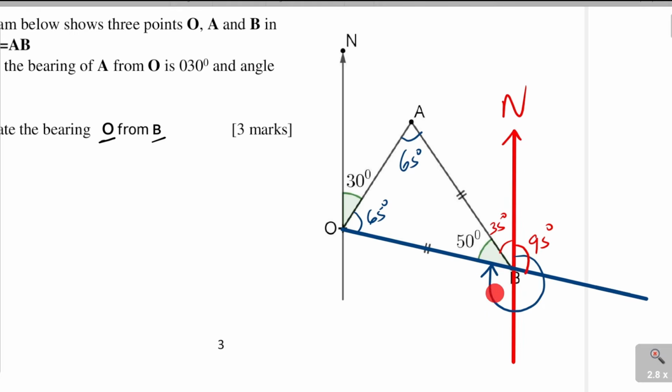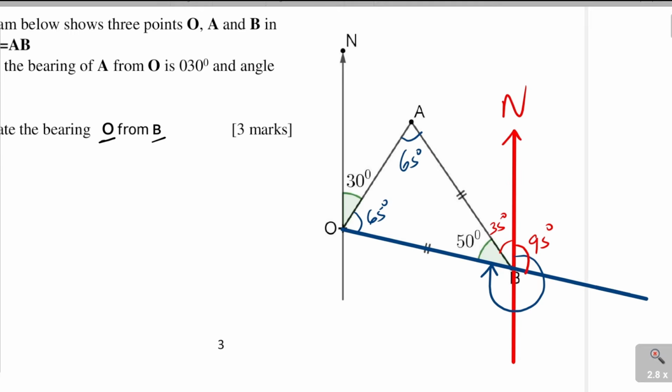Now, once we get that, it is possible now to get this angle that is here. It is possible because we just need to take 360 and then subtract this angle that is here. So to get the required angle, we'll take 360, angles at a point, then subtract 50 plus 35.